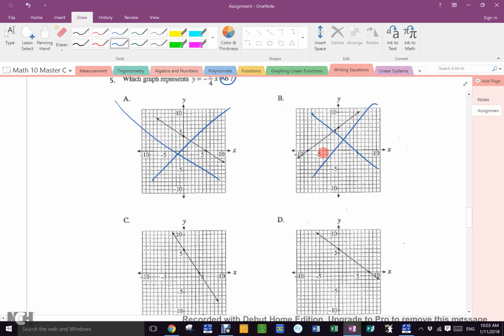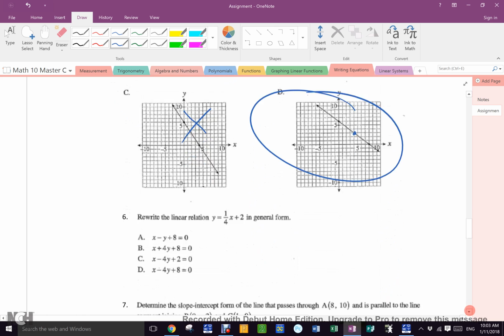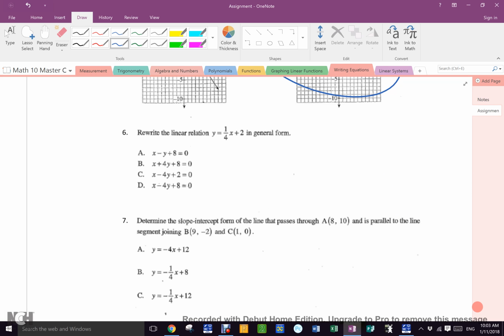No, it can't be B because B has a positive slope. So now I'm here. Then all I do is check. -3/4. Down 1, 2, 3, out 1, 2, 3. Oh, it can't be C. Down 1, 2, 3, out 1, 2, 3, 4. Oh, there it is. It's D. For 1 mark. Everybody cool?